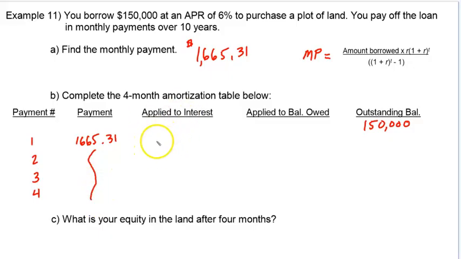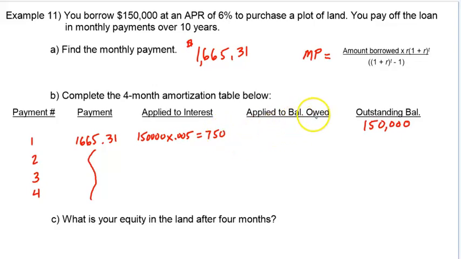And then how much of the first payment is applied to interest? It will be 150,000 times 6% divided by 12. So 0.06 divided by 12 is 0.005. I'll just write it out this first time. 150,000 times 0.005 will be the amount of this first payment that's applied to interest. And that's $750.